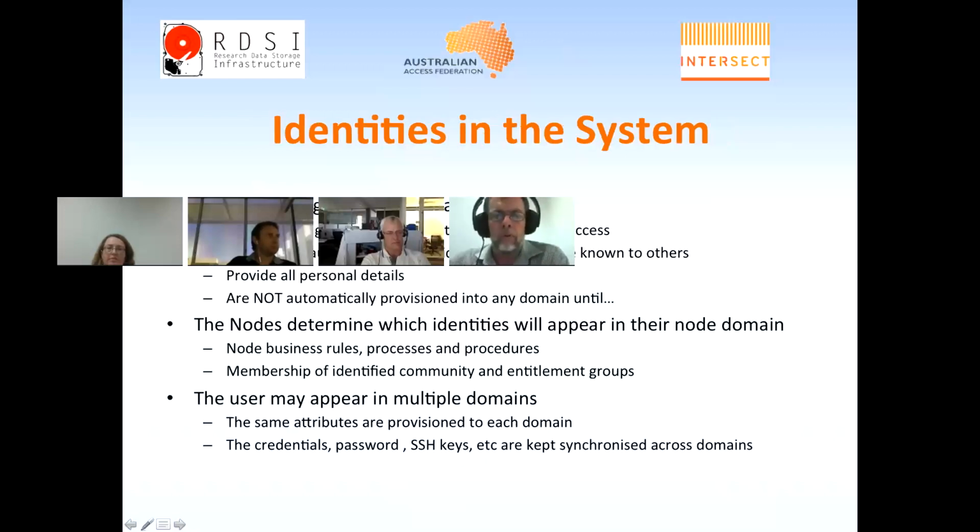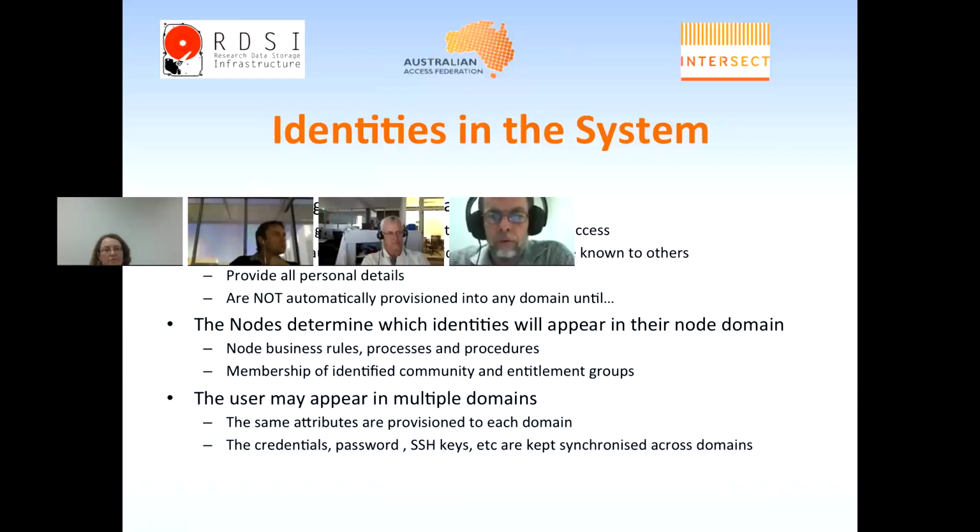Looking at how identities work through this system, anyone at all can register an account in the reX system. They use their AAF credentials for a higher level of trust and therefore access, or their social authentication as an identity that may be known to others, or just provide all their personal details off the bat, which David showed us earlier.